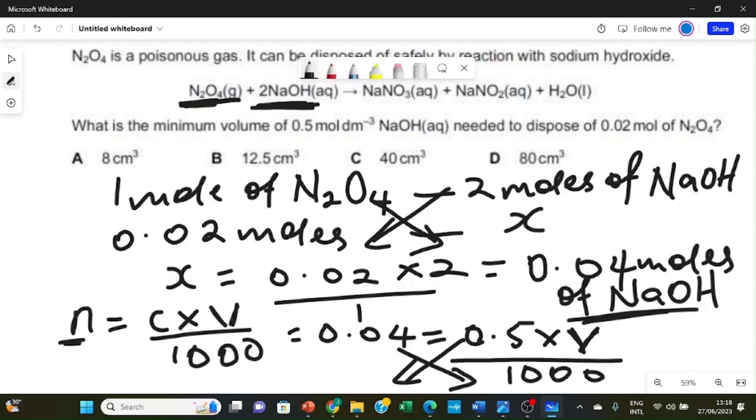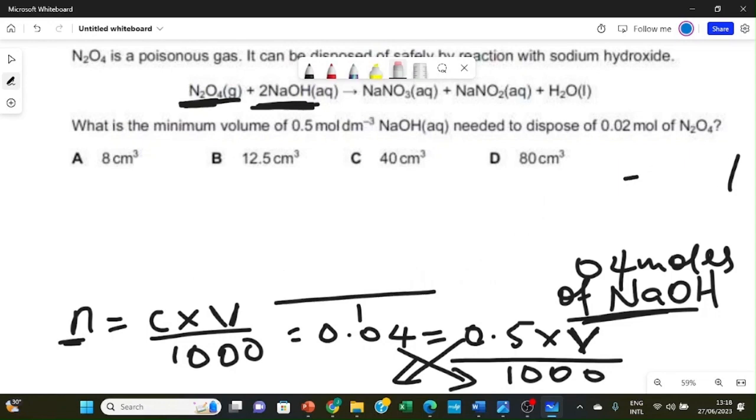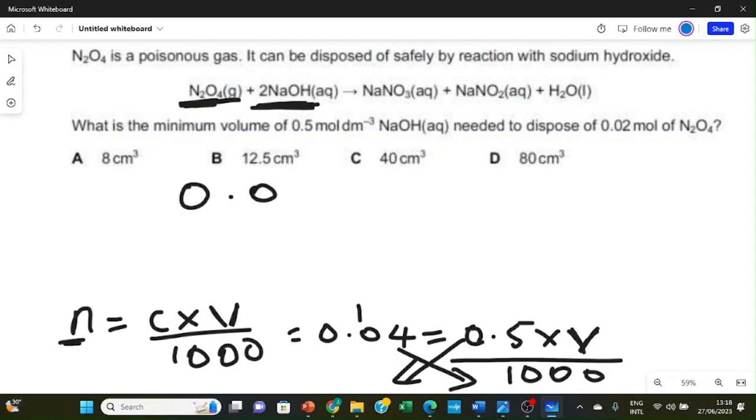Let me erase the top so I'll have space to solve. When you cross multiply, you have 0.04 times 1000 equal to 0.5V, which is the minimum volume.